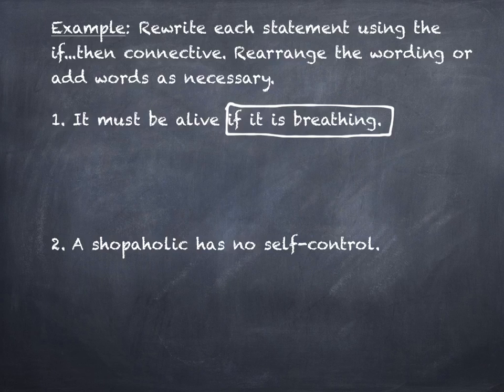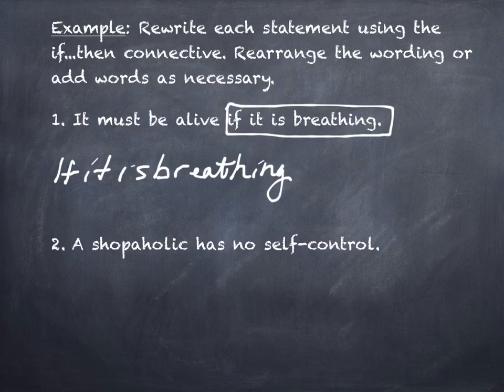All right. So if it is breathing is the first part. So if we were writing this in an if and then a then form, I would rewrite this to move the if it is breathing to the beginning of my sentence. And that's what I'm going to do next. So I'm rearranging, I'm rewriting to say if it is breathing first. So if it is breathing is going to come first.